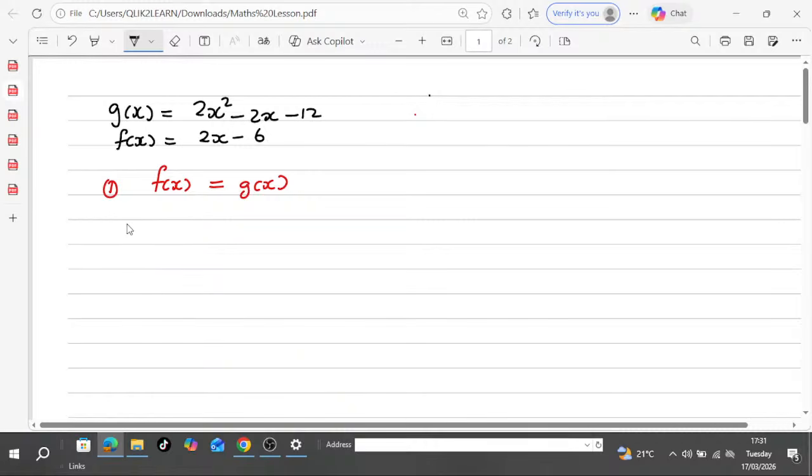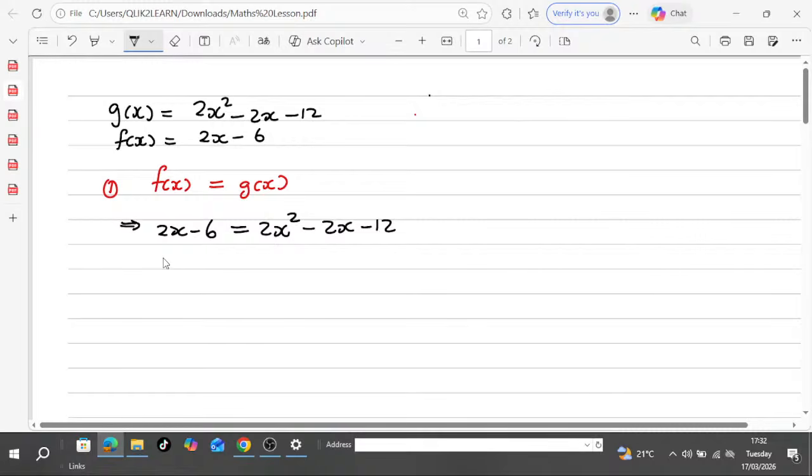So now what is your f at x? My f at x is 2x minus 6. I need to equate this to g at x, which is 2x squared minus 2x minus 12. Let's work on this problem. I need to put this in standard form.